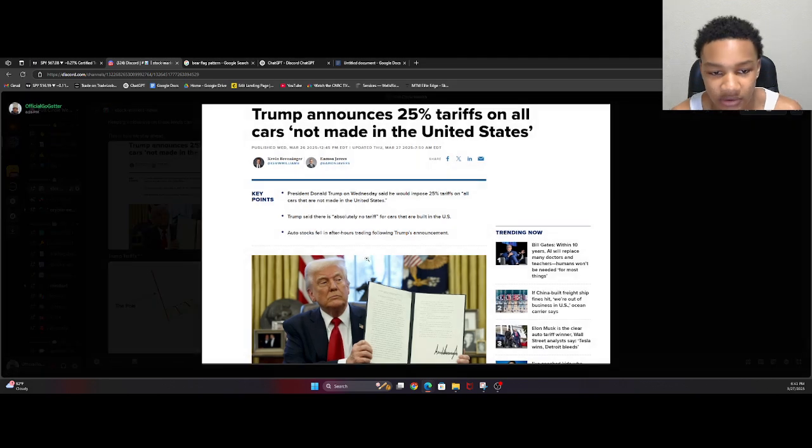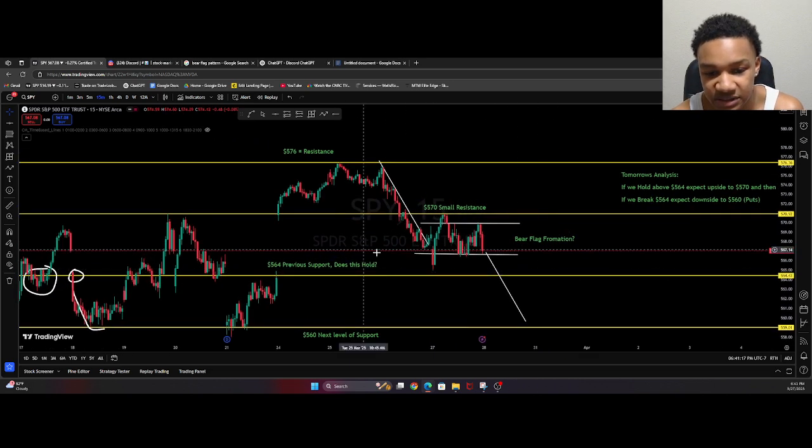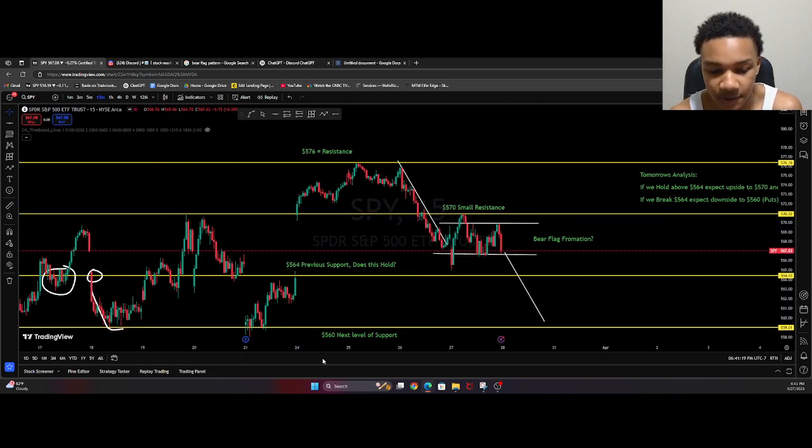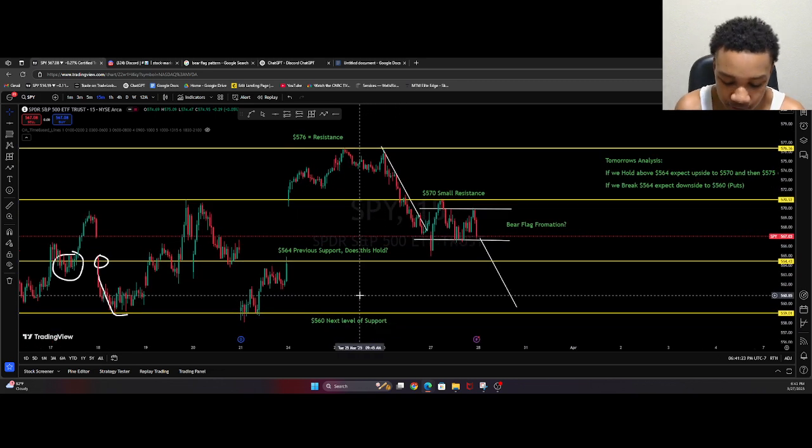And right here, I placed the tariffs up in here so you guys can go on CNBC and read all this. But this is why we're seeing volatility in the market. So what Trump is doing, man, Trump is moving a lot of things in the economy. He's moving so many things around within our economy that the market doesn't like uncertainty.